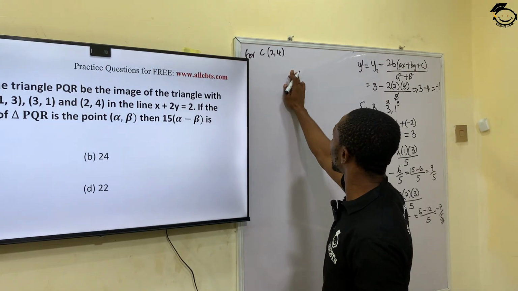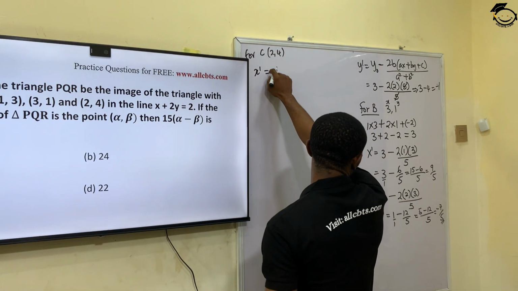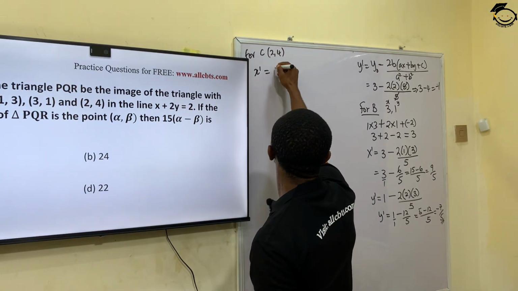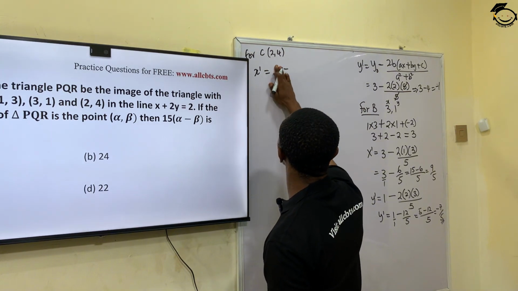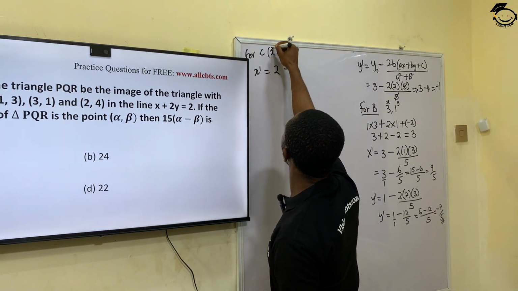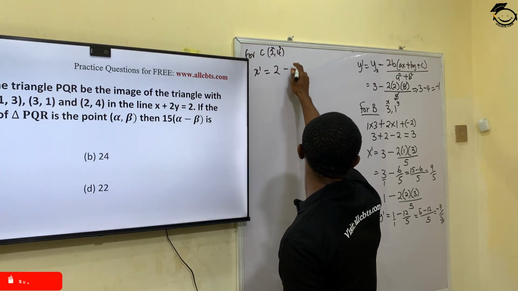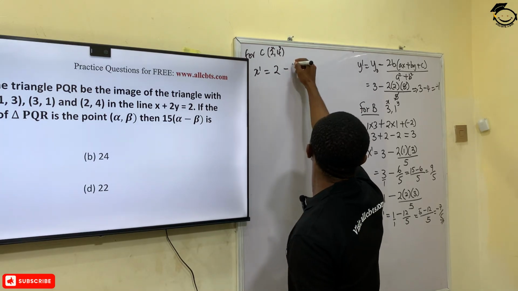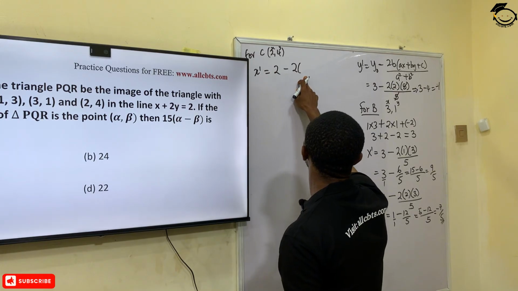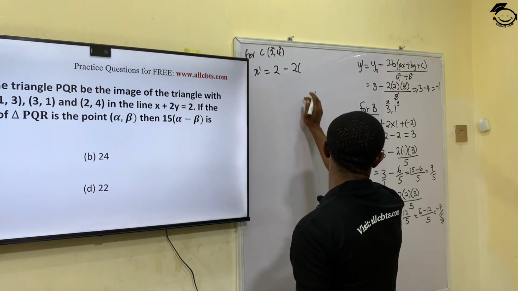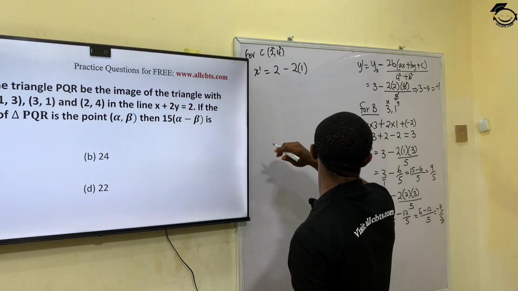So for C, we have it as 2 and 4. All right, so our x bar would be x minus, our x will be 2, x and y, 2 minus 2 brackets, our a is 1, and our b.